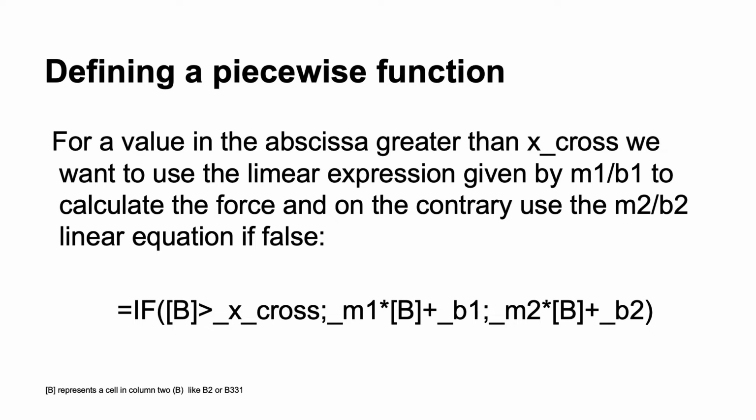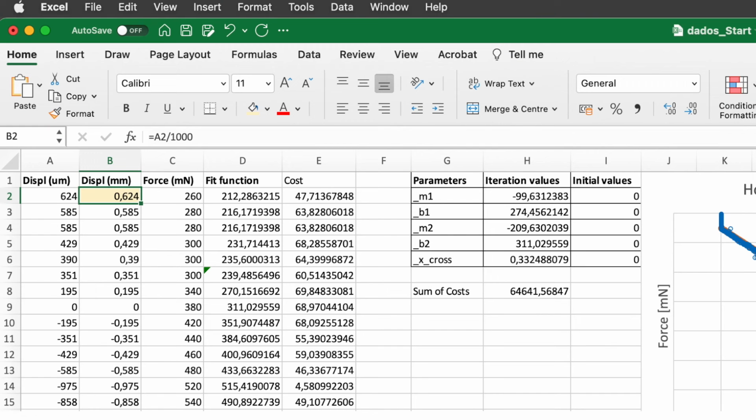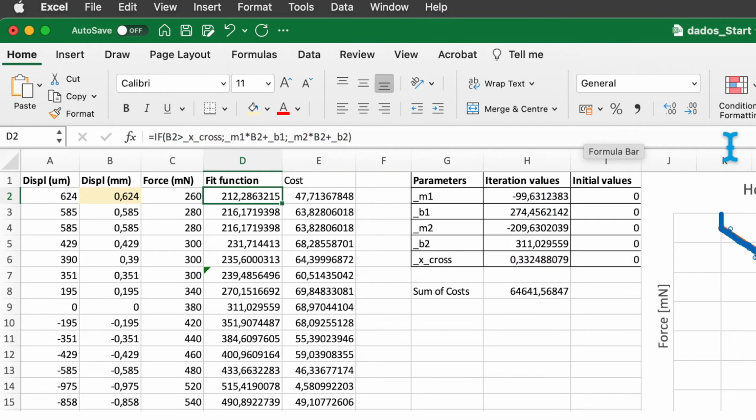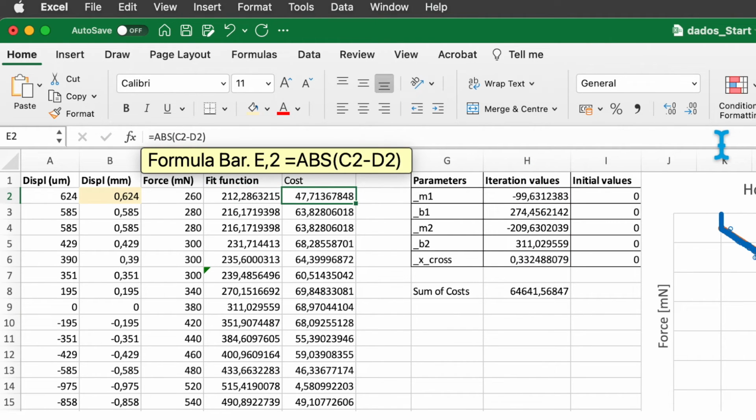This can be achieved by using a Boolean function in Excel given by an IF, which will be given with the following expression. If, for instance, cell B2 is greater than x-cross, then we will have M1 times B2 plus B1, otherwise M2 times B2 plus B2. To do a proper fit, we just need to create an auxiliary cost function to minimize.